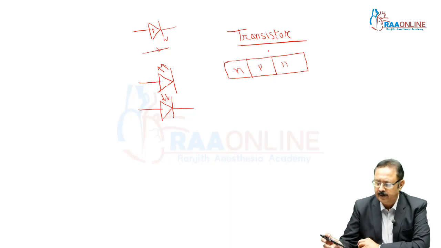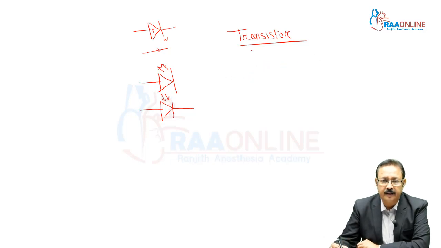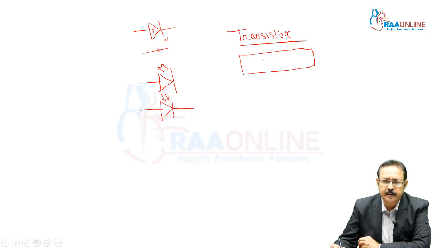But remember, in a transistor, all regions are not of equal width. All are not equal width. And the names of these three portions are, this is emitter.